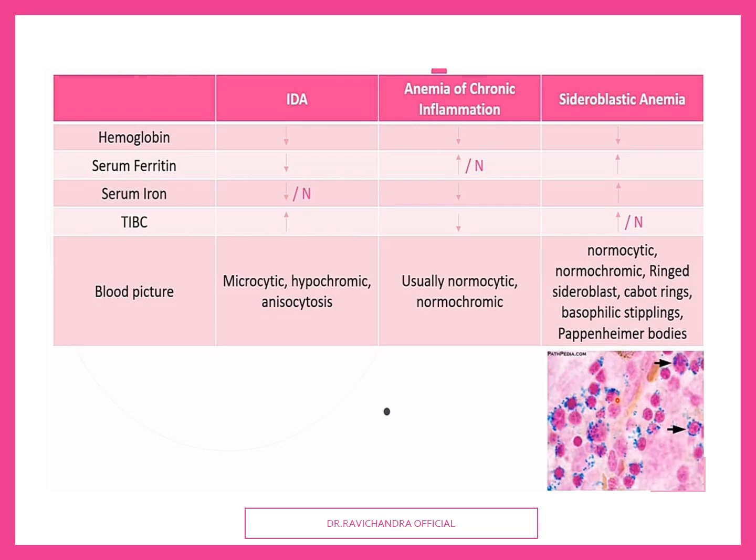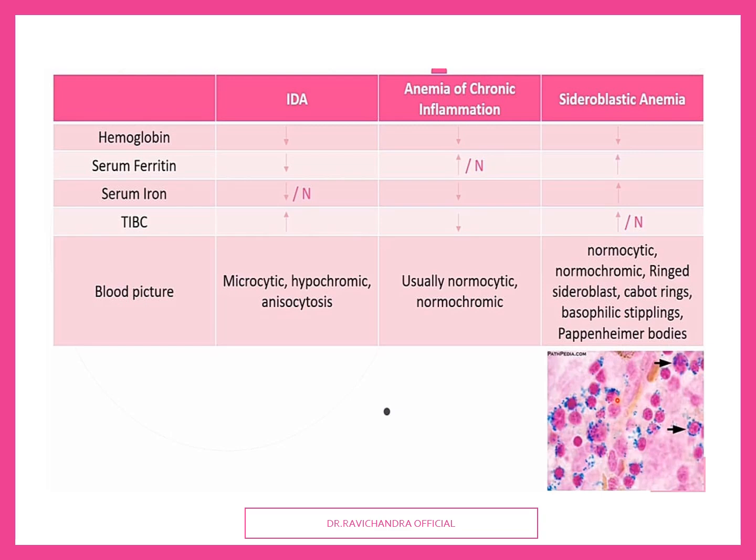The hemoglobin will be decreased in iron deficiency anemia, anemia of chronic inflammation, and sideroblastic anemia. Serum ferritin is decreased in iron deficiency anemia, it can be increased or normal in anemia of chronic inflammation, and it is increased in sideroblastic anemia.